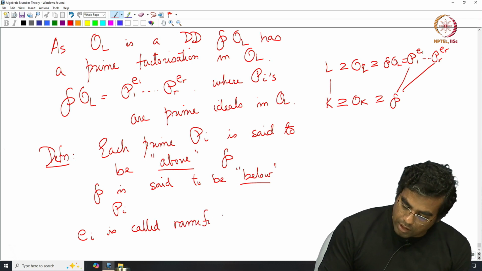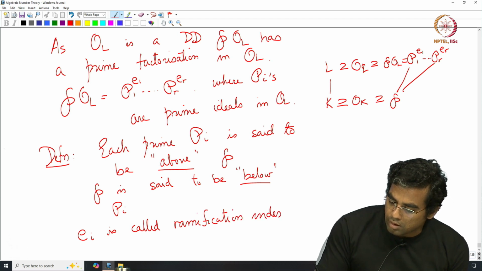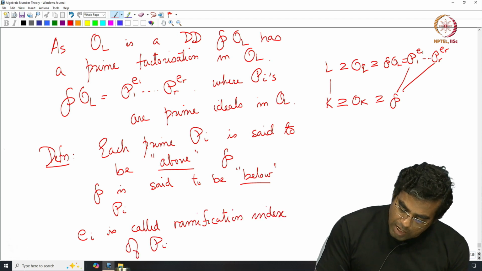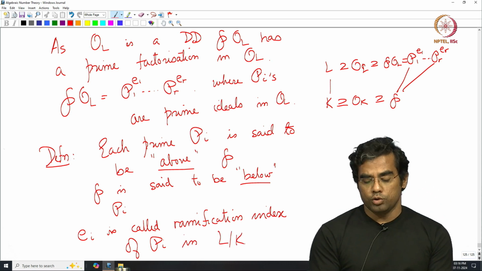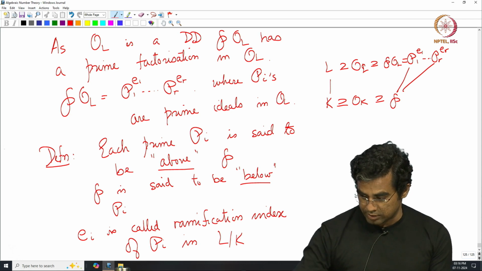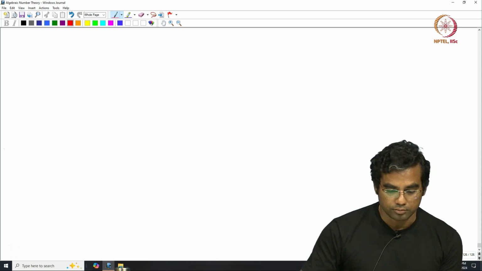So, this is either the ramification index of P_i in L over K, but I will usually not say so many words, I will just say E_i is the ramification index. Okay. All right.